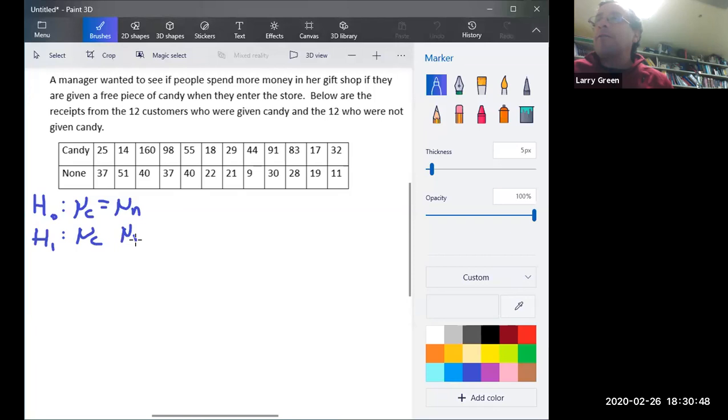We can always write those down without thinking. You just repeat it. And then what's the inequality for this particular hypothesis that we're doing? Is it less than, greater than, or not equal to? Any thoughts? So what's our inequality?